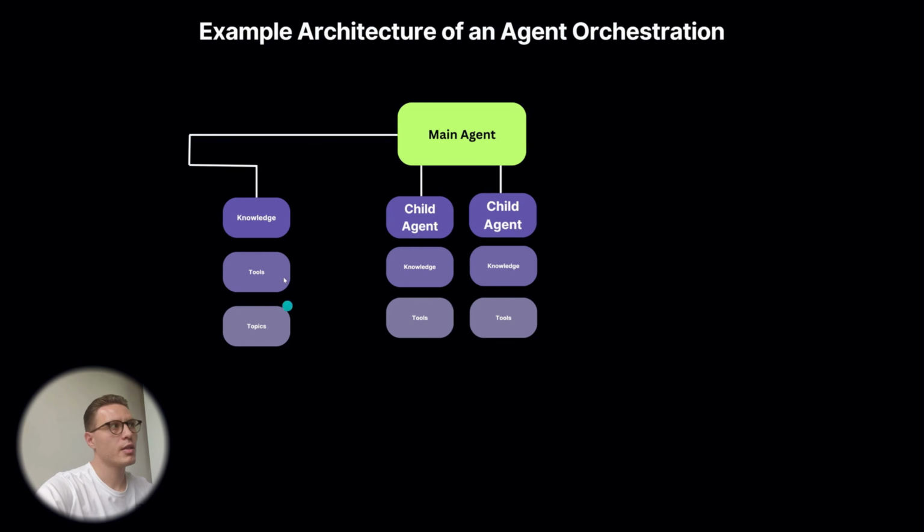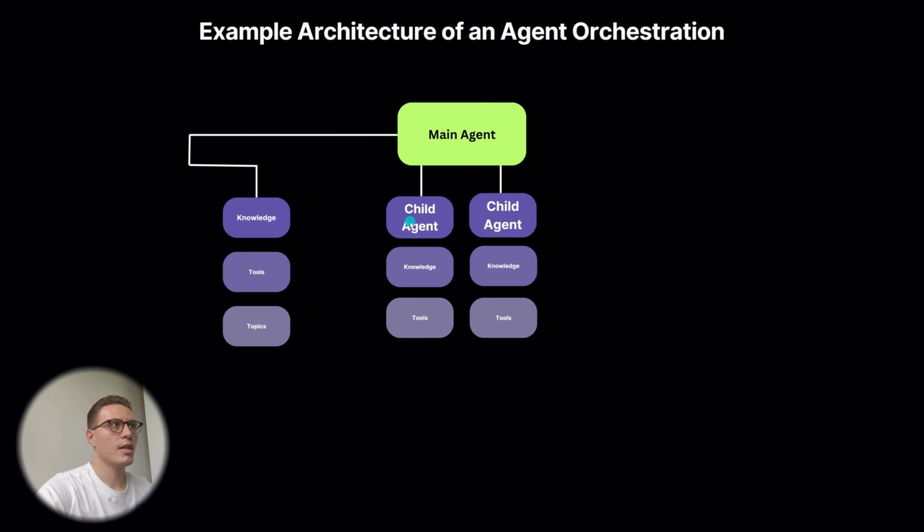The cool thing is, if you have a tool on this level, let's say sending an email, the child agents can use this tool as well via the main agent. That has the benefit that you don't need to have a send email tool on both child agents, and you don't need to maintain them. You just put them on the main agent and both child agents can consume that.